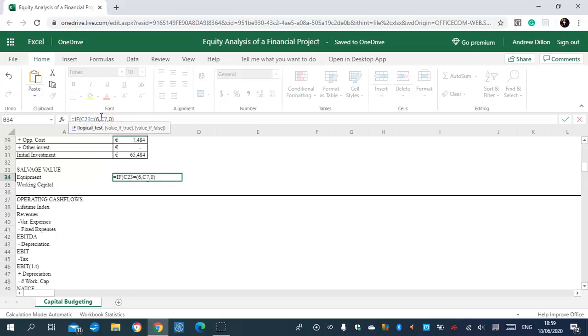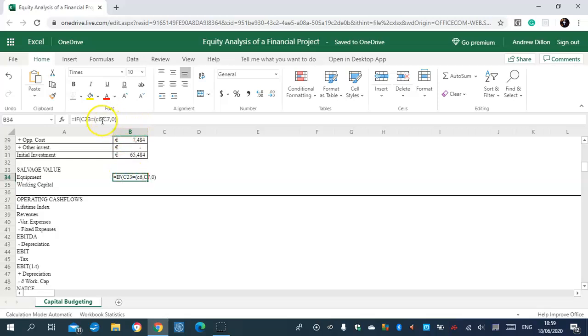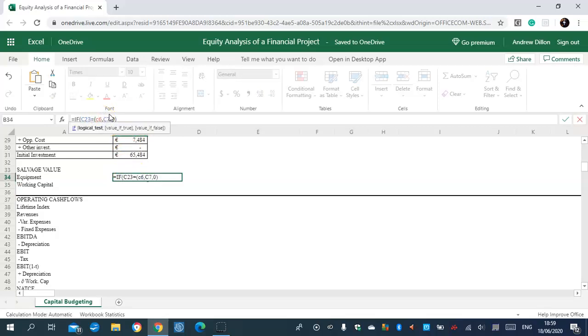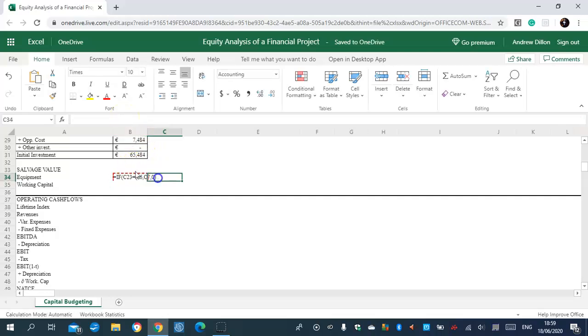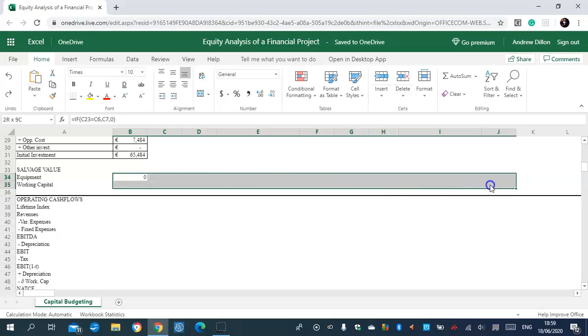No. So it's going to be a 0. Let's undo that, and leave it like that. This will be converted to euros. Okay.